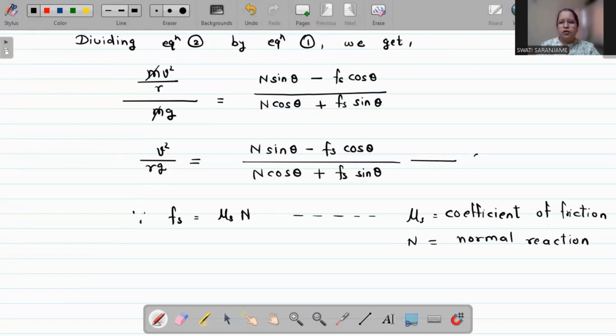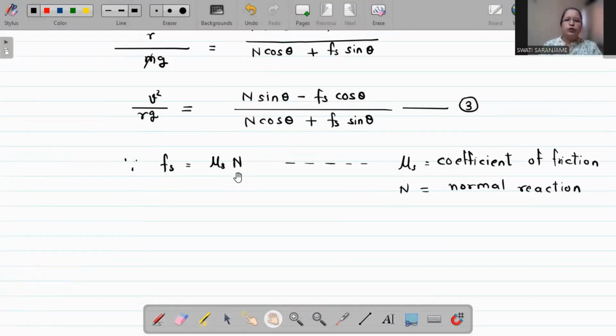Let's call this equation 3, and substitute fs equal to mu s n in equation 3.